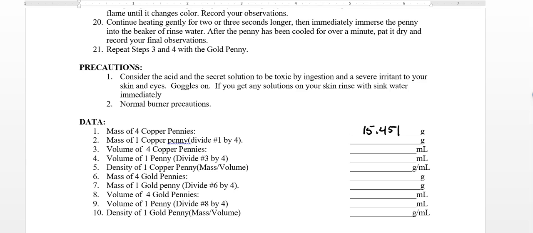Okay, so since you're dividing by 4, or in your case, Alex, by 5, 4 and 5 is not a measurement. So you can't just take and divide by 4 and have one significant digit. It's not a measurement. So you disregard that. So your mass of 1 penny should also be 3 decimal places if you're honors, 1 decimal place if you're advanced. Go.